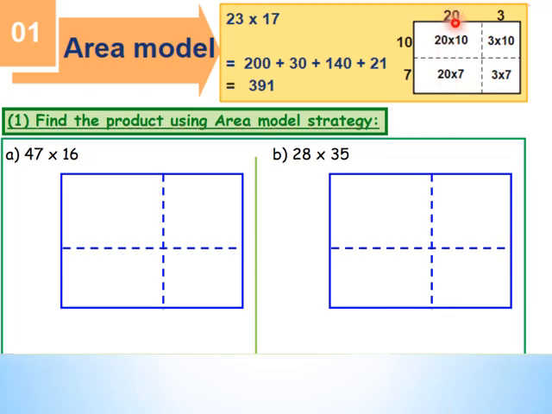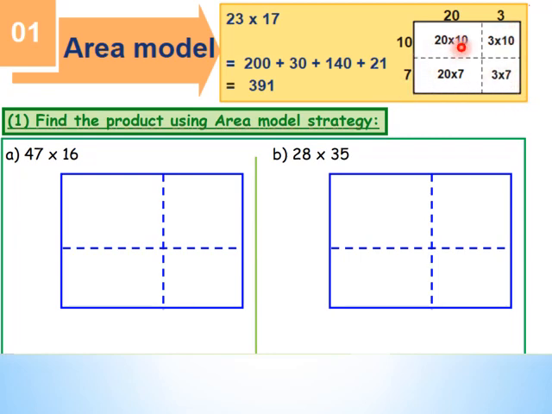Now I'll try to get the area of each single small rectangle. I'll multiply side by side, the length by width for each rectangle. So the area of this rectangle is 20 by 10, and this rectangle, side by side, is 20 by 7, and the area of this small rectangle is 3 by 10, and the area of this rectangle also, side by side, the length by width, equals 3 by 7.